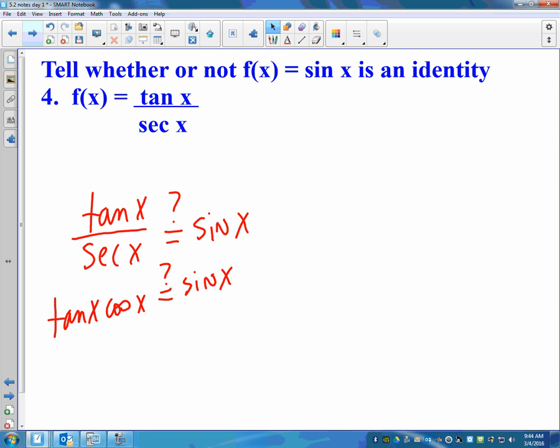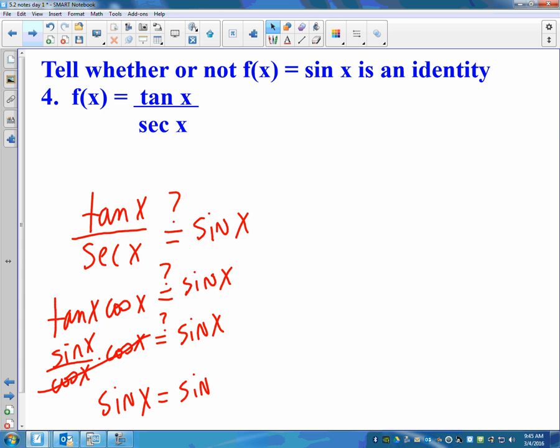And then tangent is sine over cosine. And that is going to work, right? So I get sine x equals sine x. Since that's true, is this an identity? I'm going to say yes.